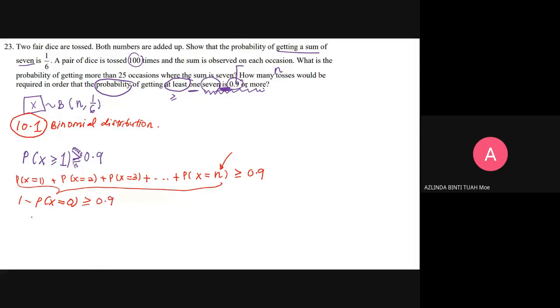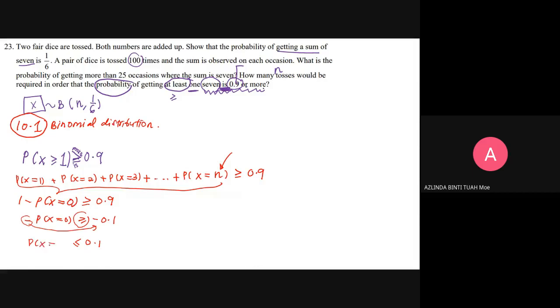Move 1 to the other side. So 0.9 minus 1 is negative 0.1. Negative moves to the other side, don't forget to change the sign. So negative 0.1 divided by negative is positive 0.1.